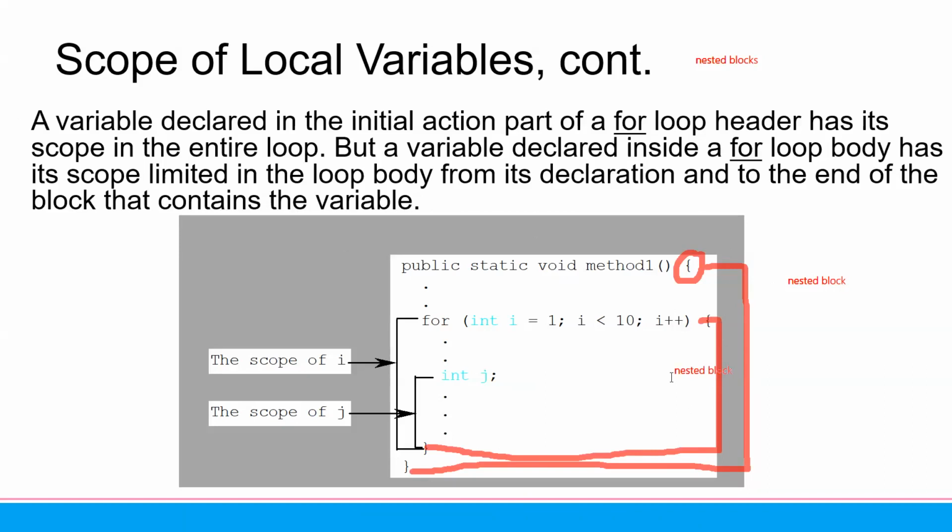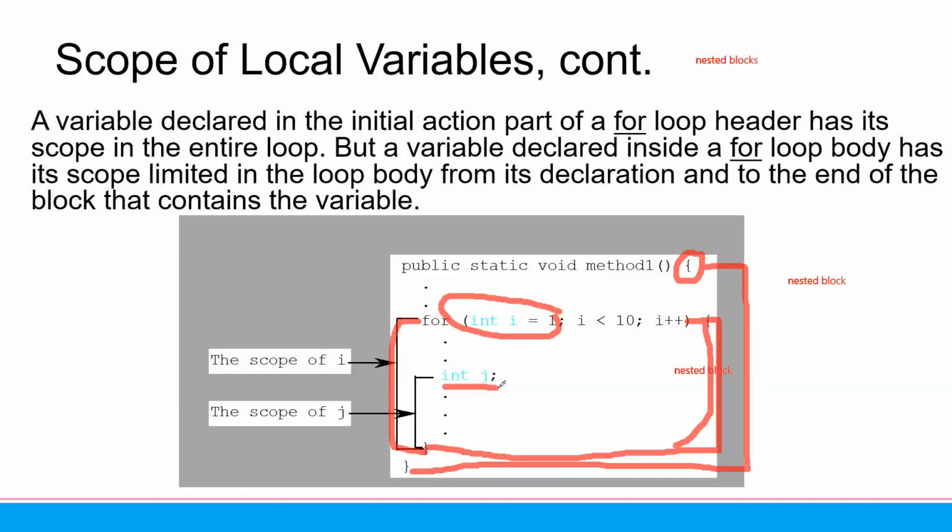Okay. Now, I would like to declare a variable, and the first variable here is i. When I declare i here, it means i can be read in this nested block. So you can use it from this for until the end of this block.